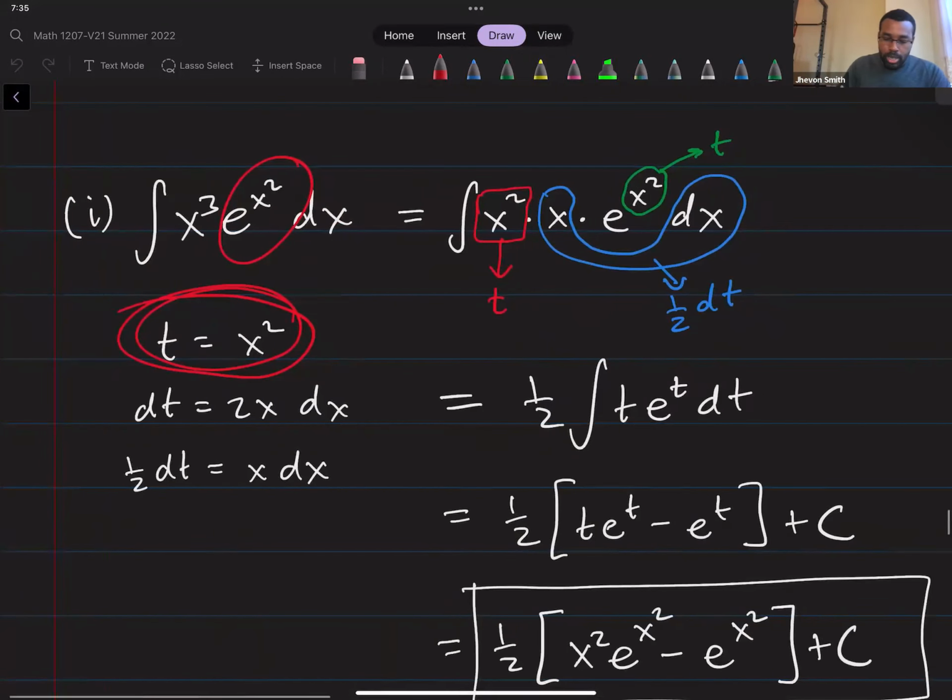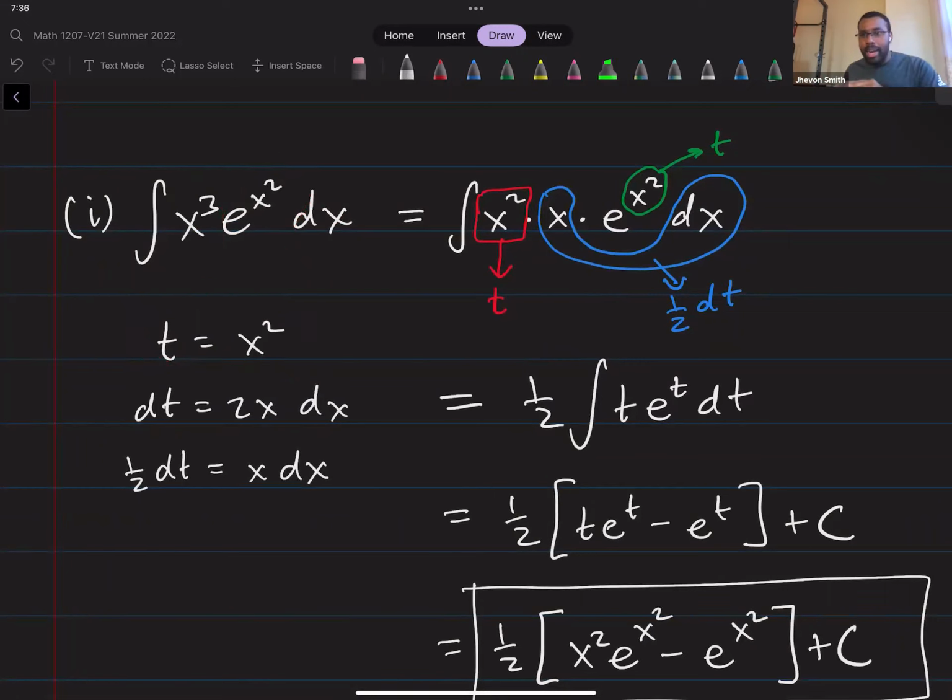So I'm automatically thinking substitution before I think anything fancy. But once I think substitution, now I have to make a choice. Well, what do I substitute? The x squared would be the obvious substitute in this case, because the e to the x squared is going to be trouble if you don't get it under control.